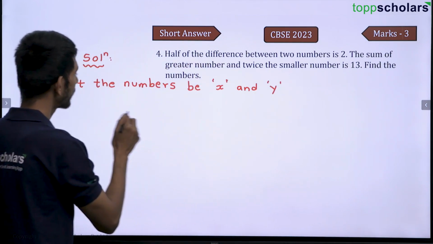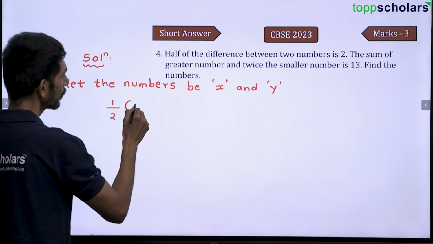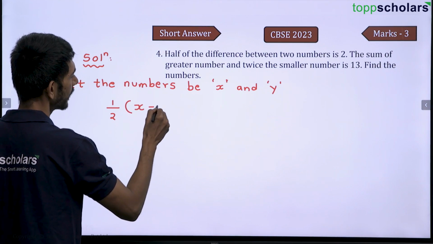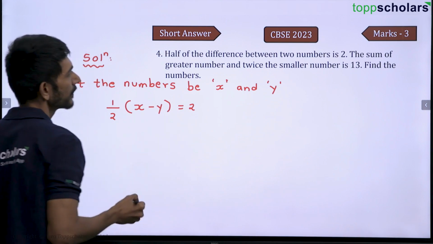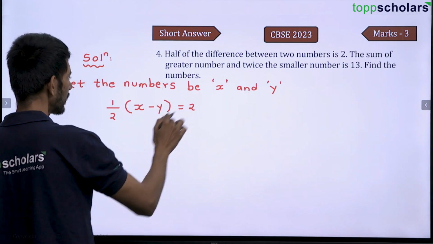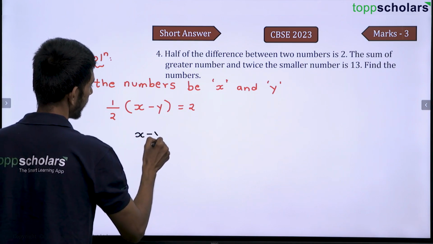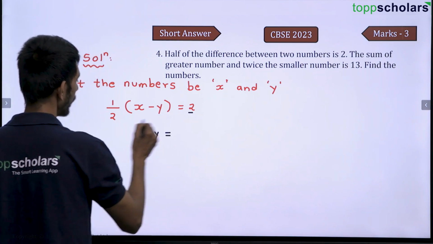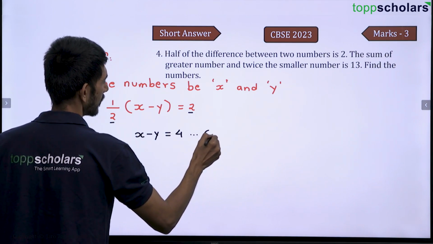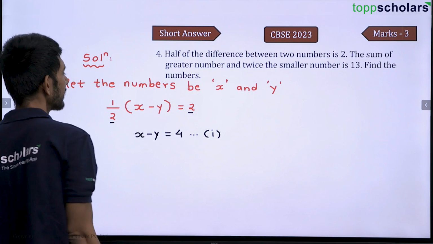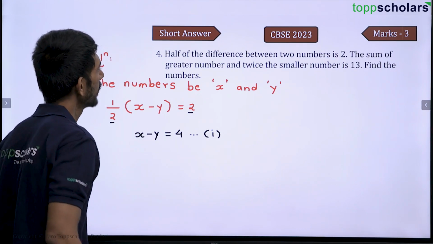So half of the difference of two numbers, that is half of x minus y, is 2. This is given. So if I solve this further, I get x minus y is equal to 2 into 2, that is 4. I can mark this as equation number 1. So x minus y is equal to 4 is my first equation.